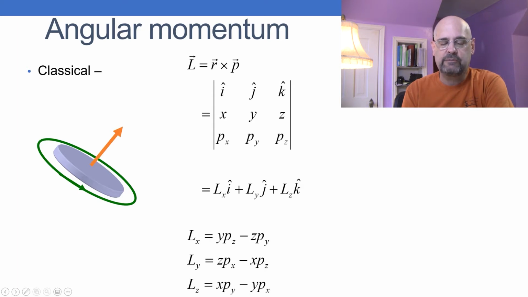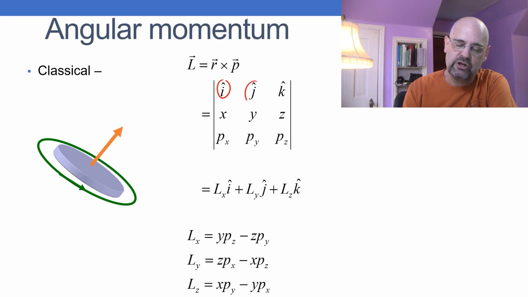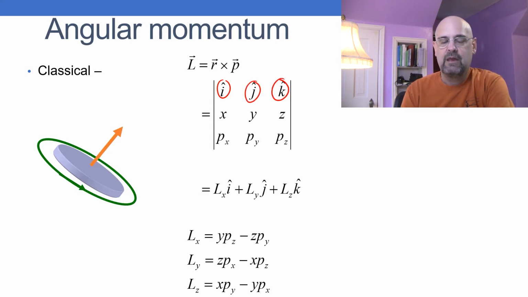L is equal to r cross p. We can express that, if we will, as a determinant of a 3x3 matrix where I have my i, j, and k unit vectors, the x, y, z coordinates, and then coordinates for momentum, px, py, pz.